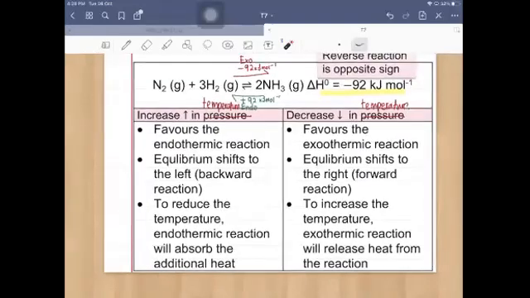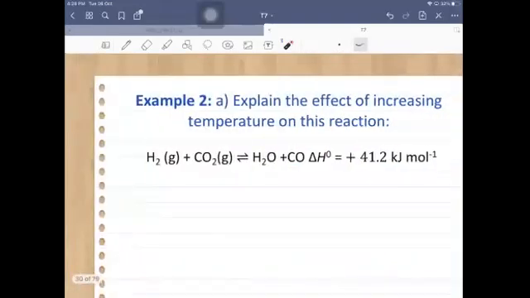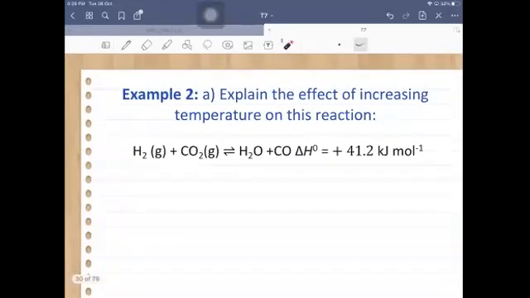Okay, I hope you can follow that. We'll move on to the exercise, okay? Explain the effect of increasing temperature on this reaction. So now we have a system of hydrogen reacting with carbon dioxide to form water and carbon monoxide.